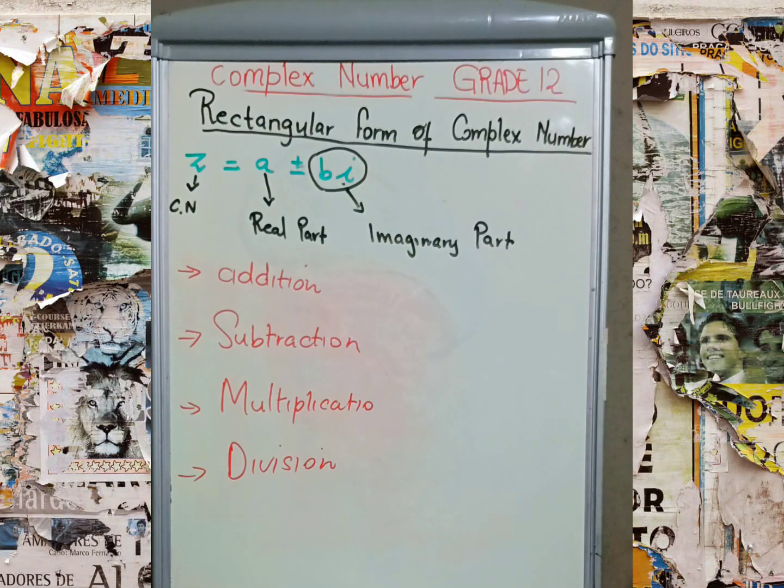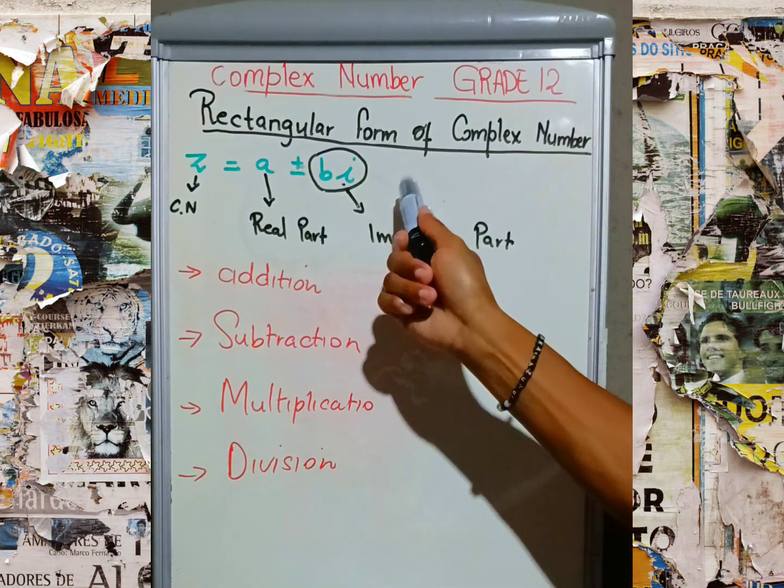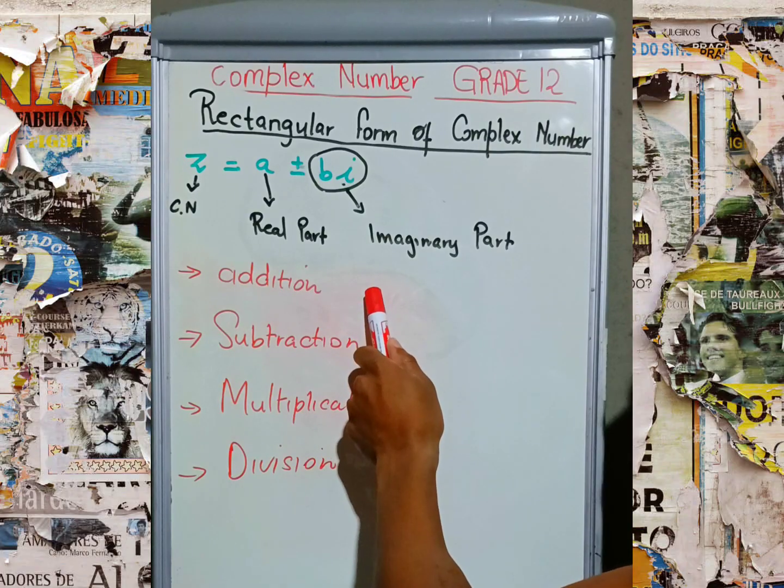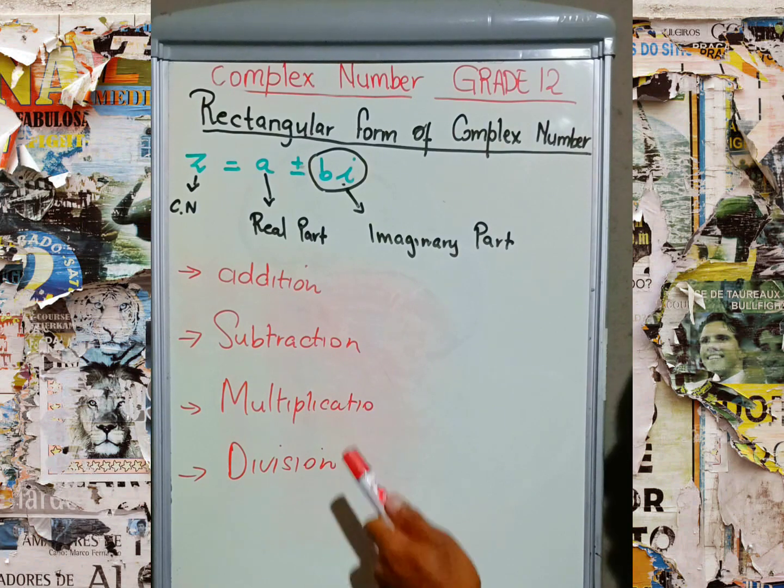These are the operation signs in mathematics. We are able to get a rectangular form only if you are doing subtraction, addition, multiplication, as well as division.